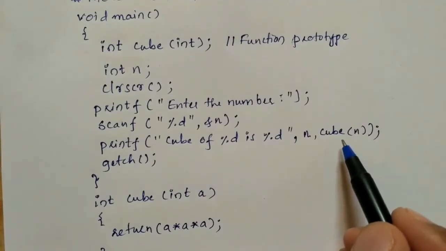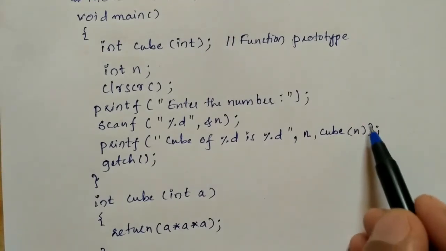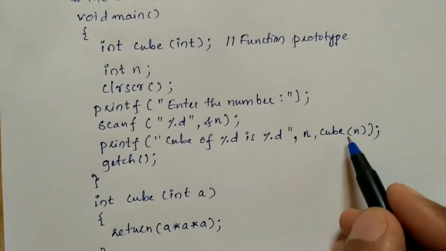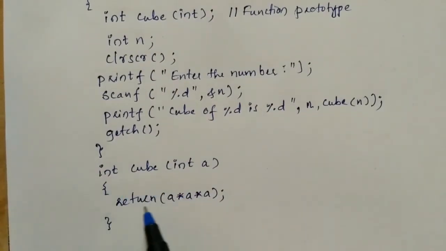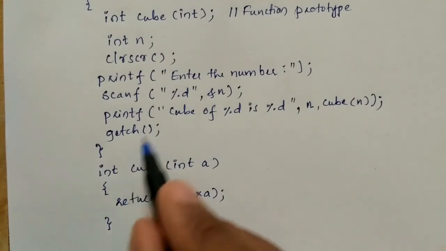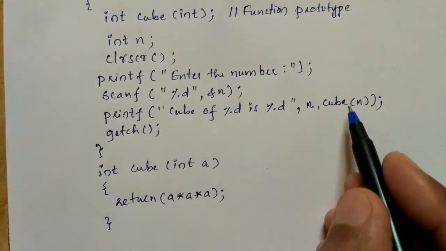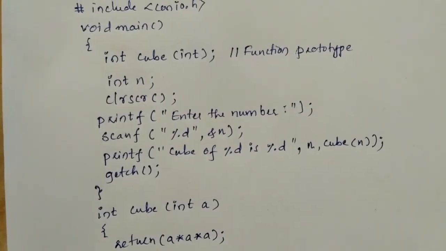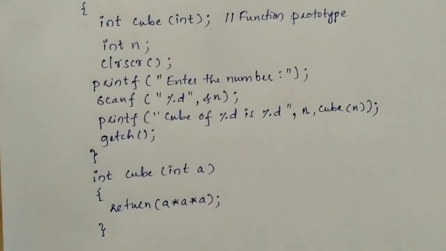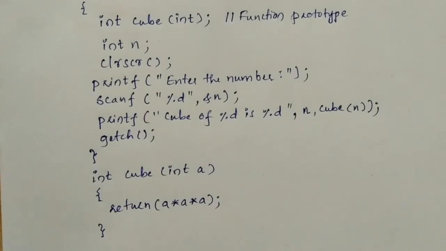So whenever the compiler encounters this particular function call, automatically control jumps to this function definition. So this is going to return value back to the calling function, and it is going to print the appropriate result. So we are going to execute this particular program.